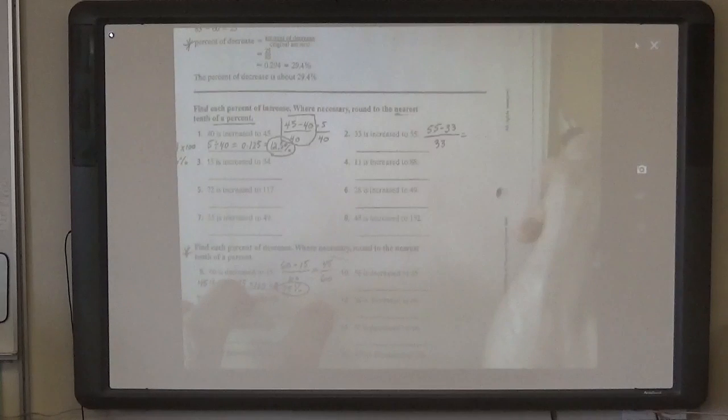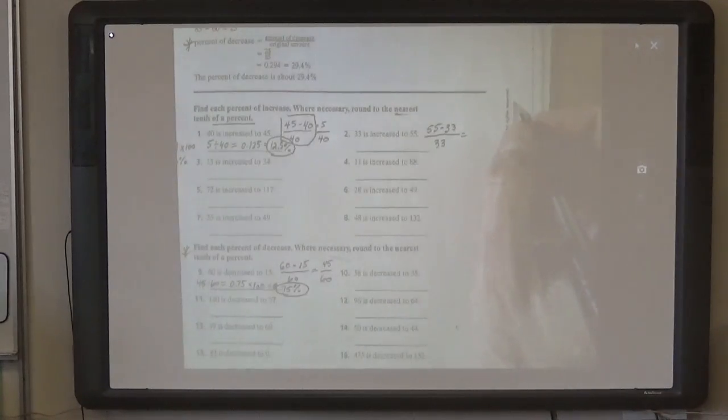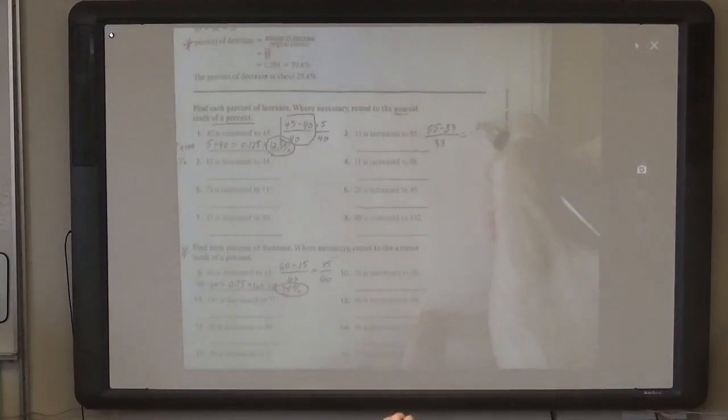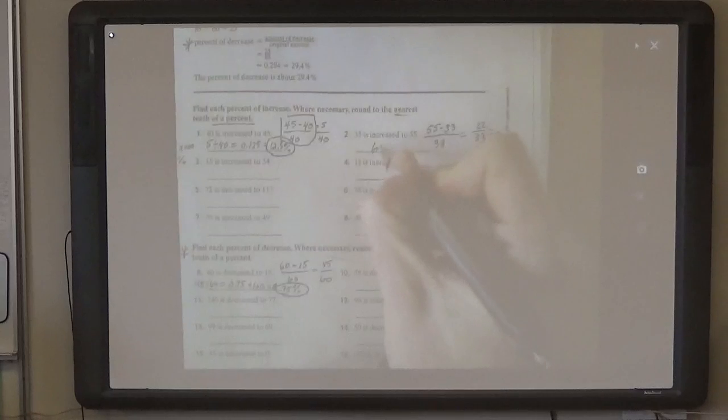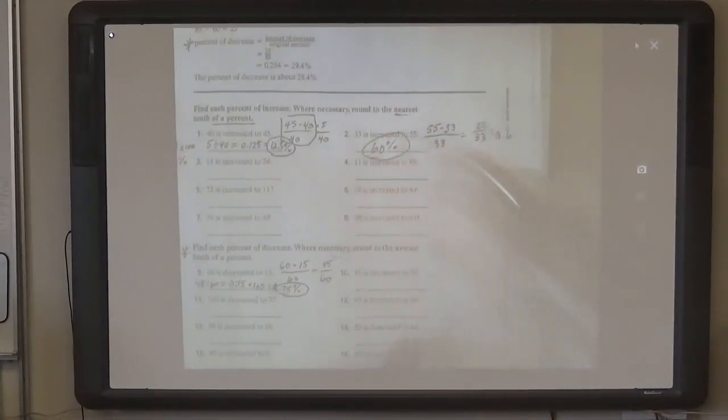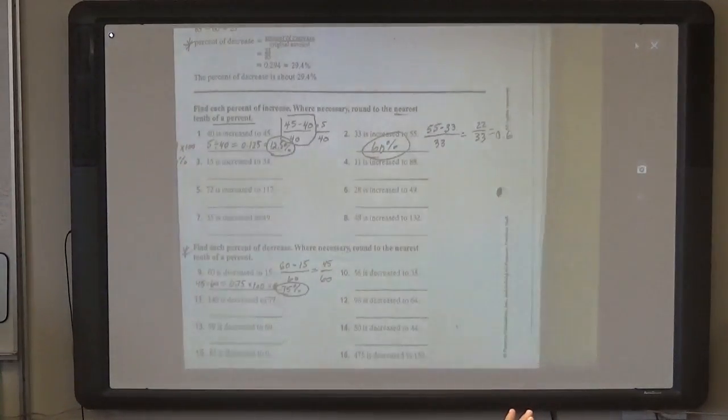And that equals 22 over 33. What's the decimal when you divide it? 0.6 repeating. So it's 22 over 33, 66.6%. Okay? I'm so proud.